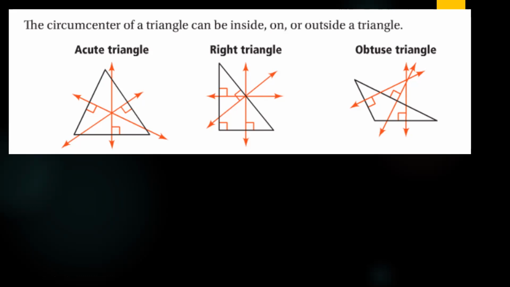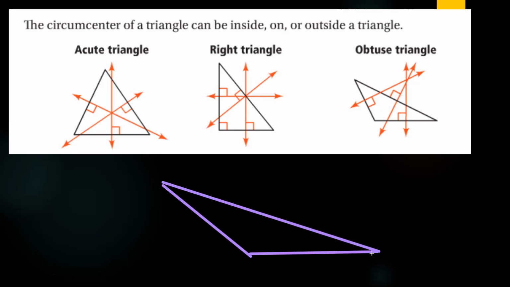So remember that for the obtuse triangle, as an example, how did you draw it? Say, this is a side. Where is the perpendicular side? This one will be. Now, for this one, where is the perpendicular side?